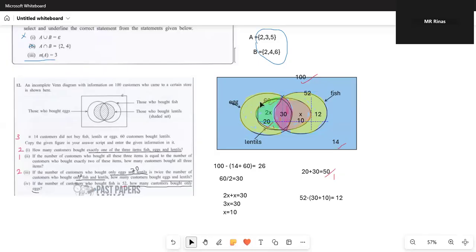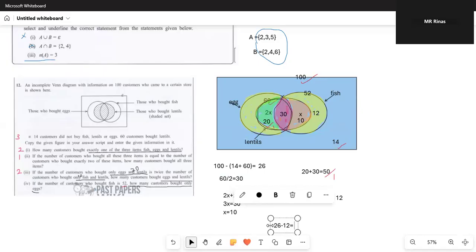Then you all know that the number of people who bought only one item is 52. From this you have to subtract the number who bought only fish. Then you will get the number who bought only egg.